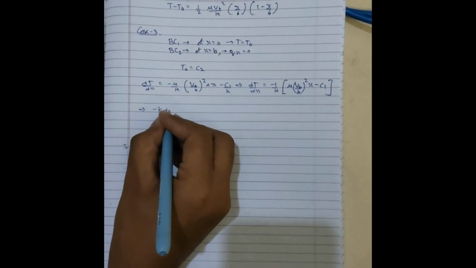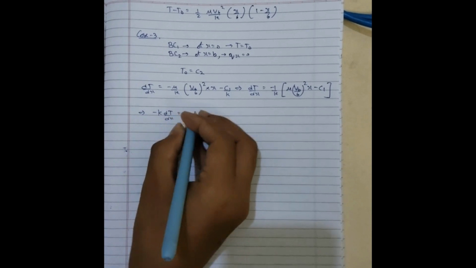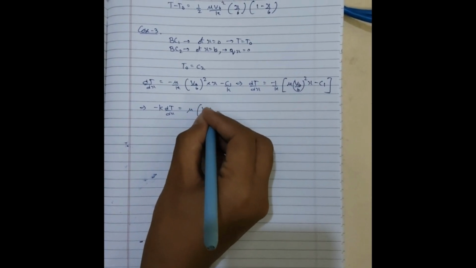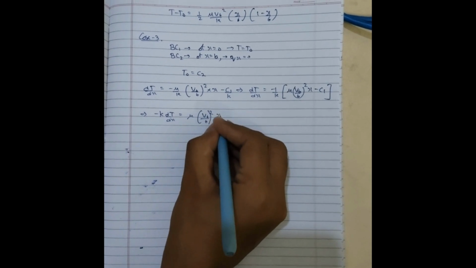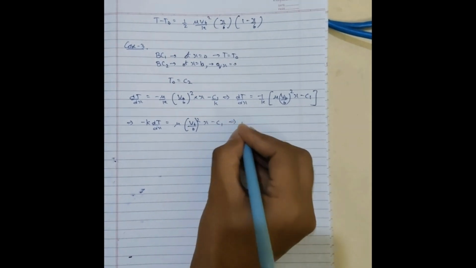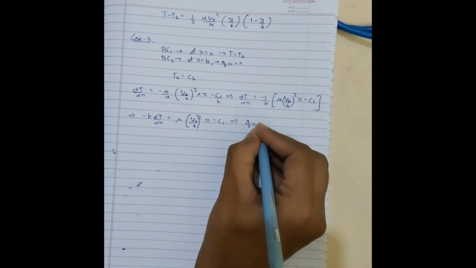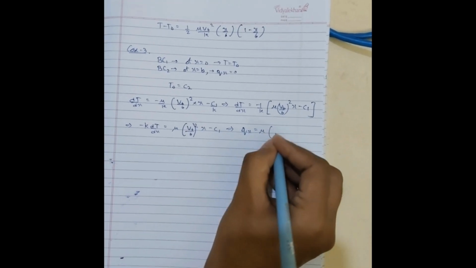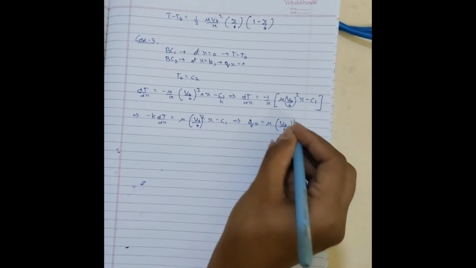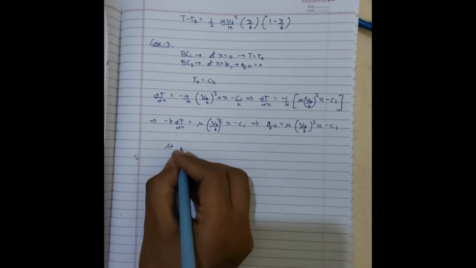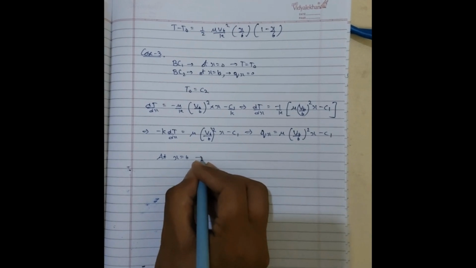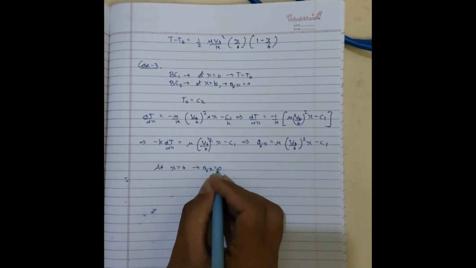Solving further, we get K into dT by dx equal to mu VB upon B whole square into x minus C1, which gives us Qx equal to mu into VB upon B whole square into x minus C1. Now putting values at x equal to B, we have Qx equal to 0.